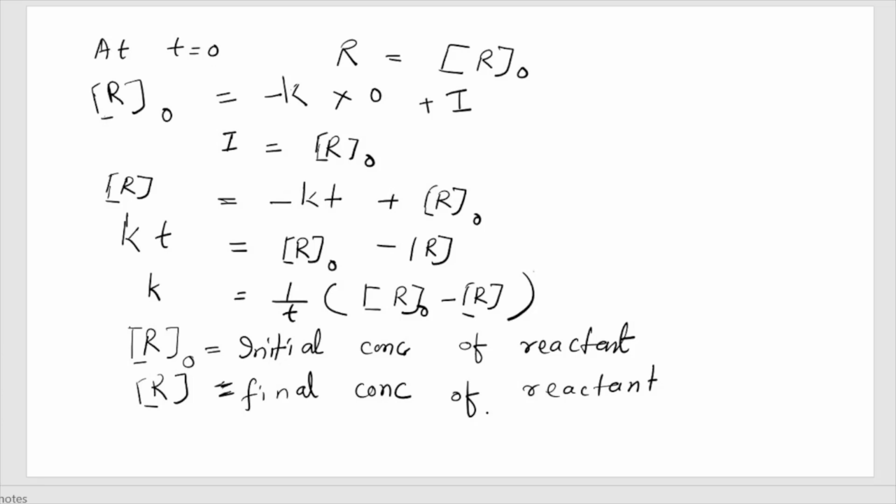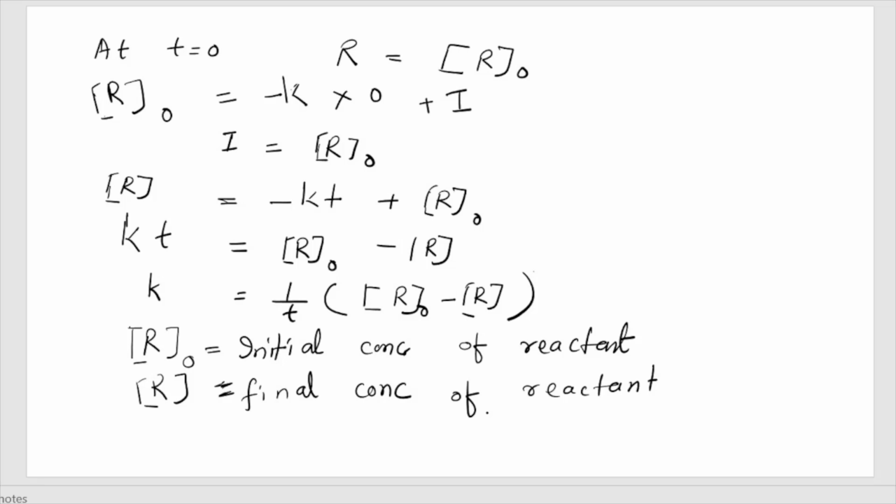[R] equal to [R]0. So you should take the value here, my [R]0. What is [R]0 mean? Here zero order. So what happened here? [R]0 means here the initial concentration. When the reaction is going to start, at that time, what is the concentration? That is the molar concentration [R]0.